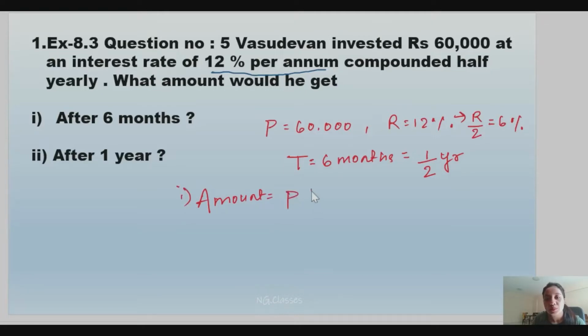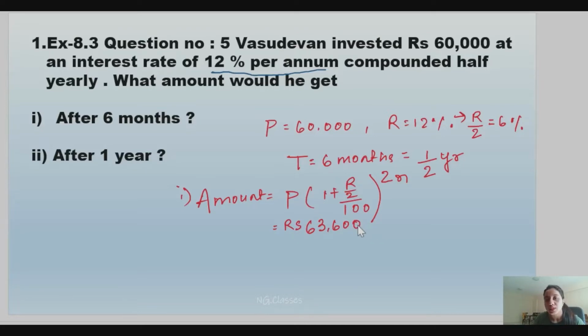It will be principal times (1 plus R by 2 by 100) power twice of n. This is the formula when the rate is compounding half yearly. Substitute the values and our amount is rupees 63,600.